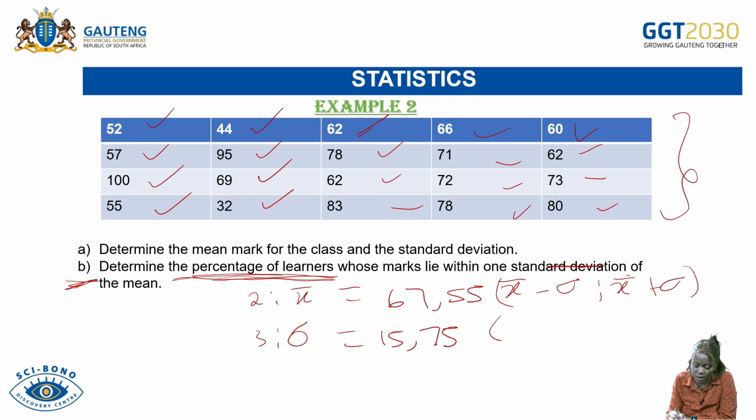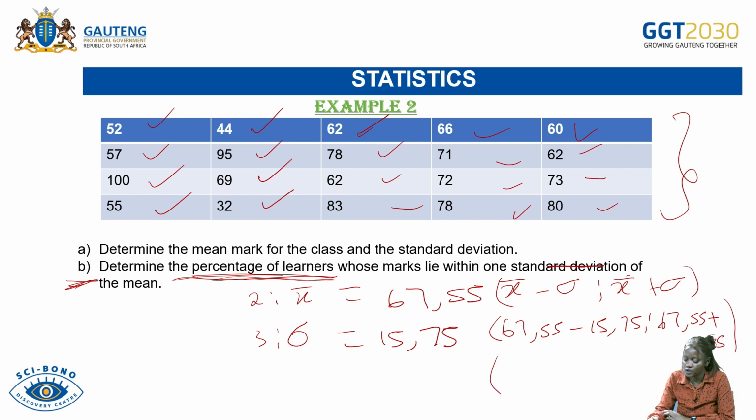Okay, so your mean is given as 67.55 minus 15.75. And then your mean again, you substitute your 67.55 plus your 15.75. Okay, so let's punch that in our calculator.